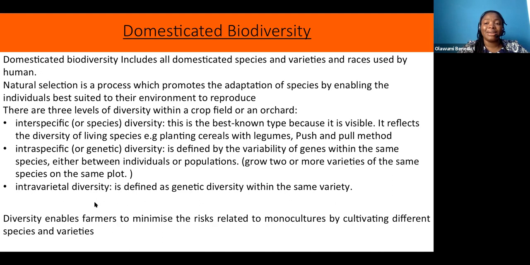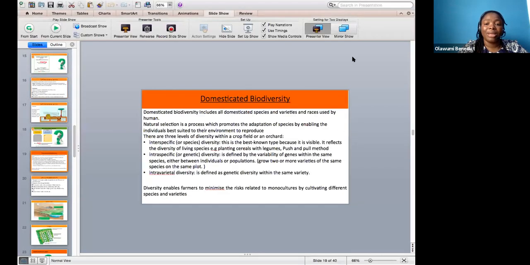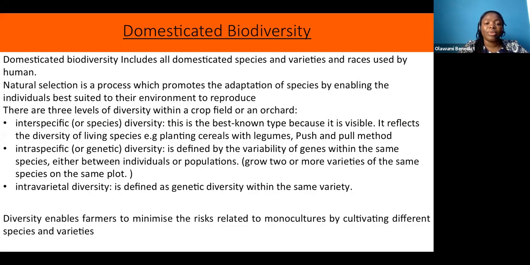These are varieties and races used by humans. We human beings started domesticating these wild species, and started extracting genes and picking characteristics that are important to them.